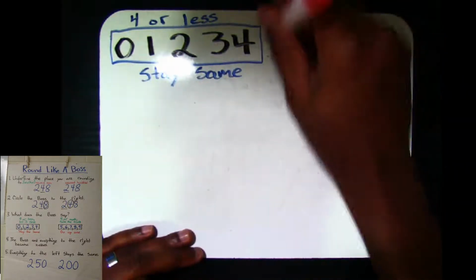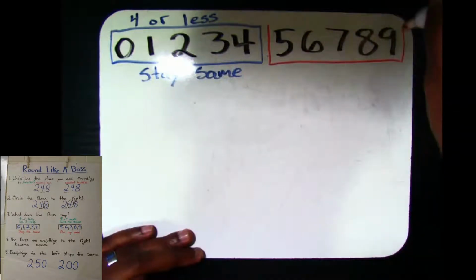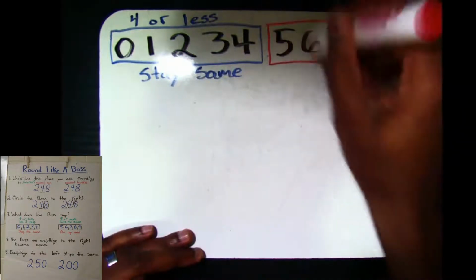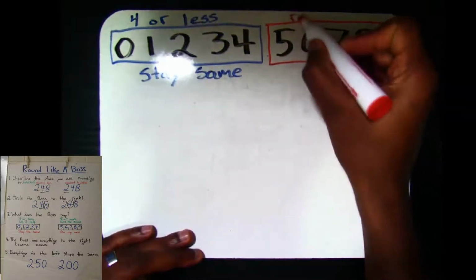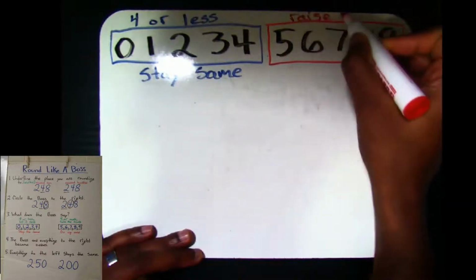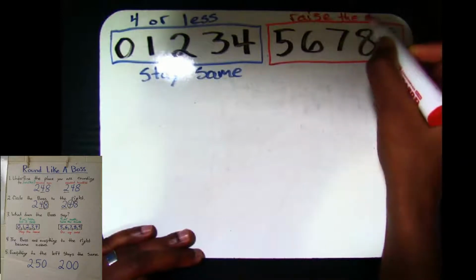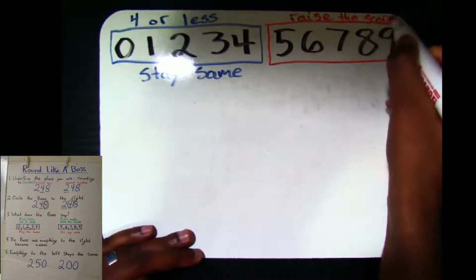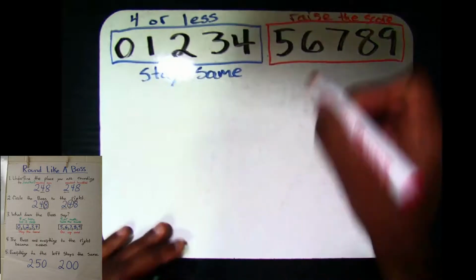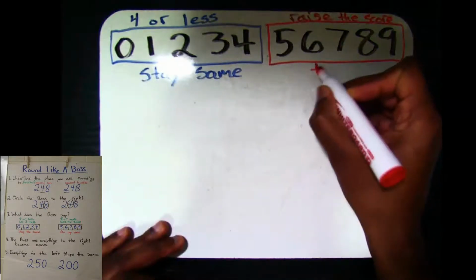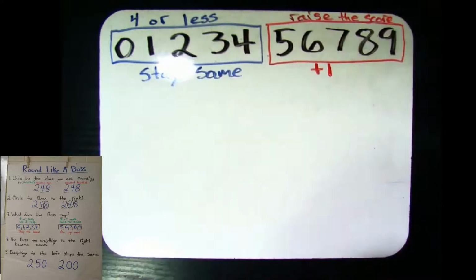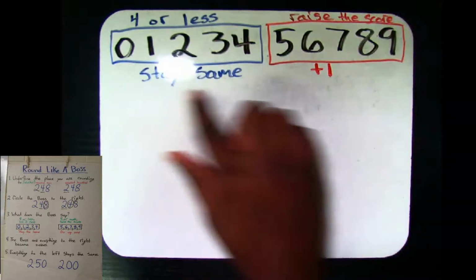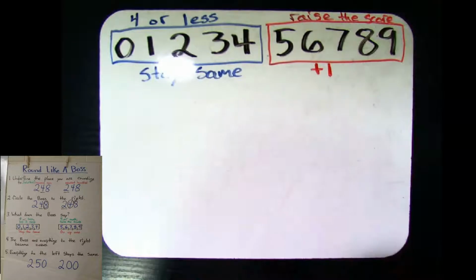So if the digit that we circle is a 5, 6, 7, 8, or 9, we're going to raise the score. And what that really means is we are going to go up 1. The digit that we circle is going to tell the other digit to go up 1. So I'm going to leave this right here at the top of the board, and you just want to make sure that you remember that.